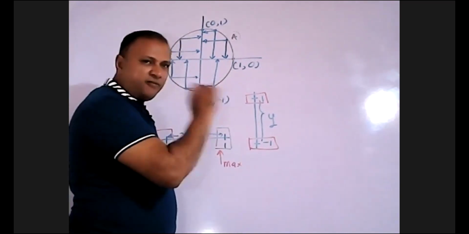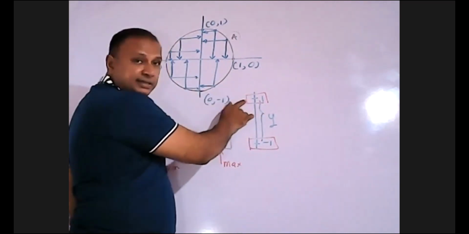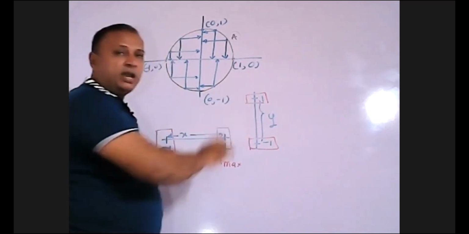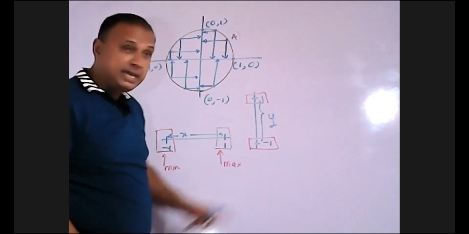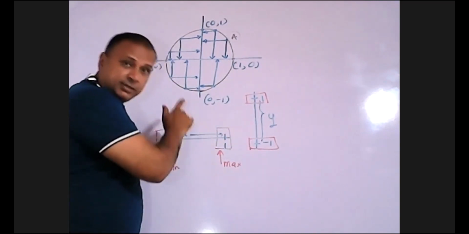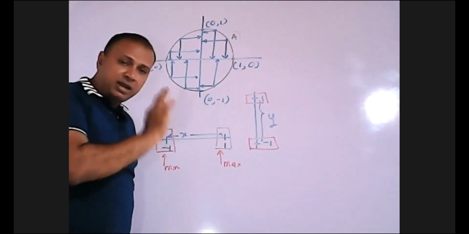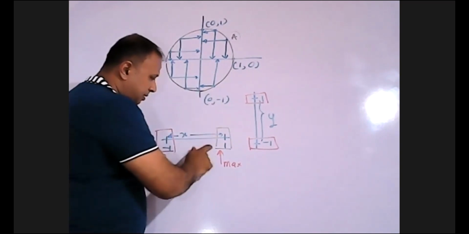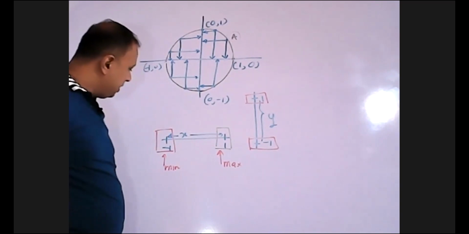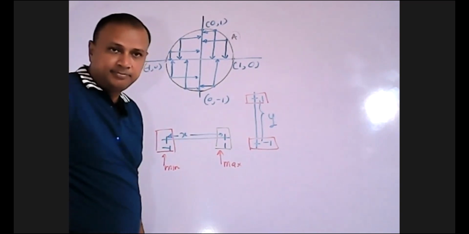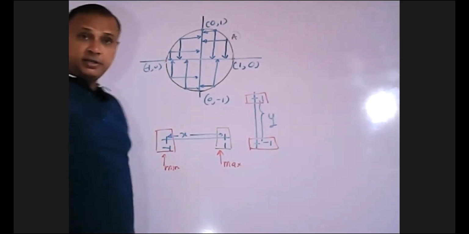The maximum value of sine theta is 1. The minimum value of a sine ratio is minus 1. The maximum cos value is 1. The minimum cos value is minus 1. Did you get my point?